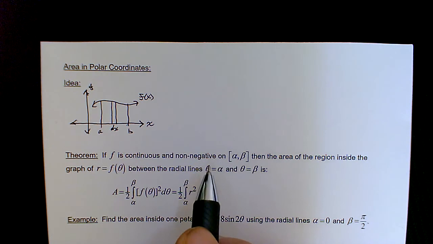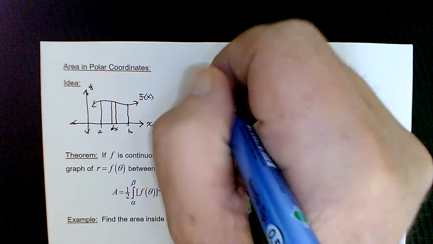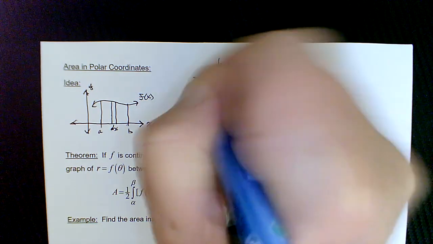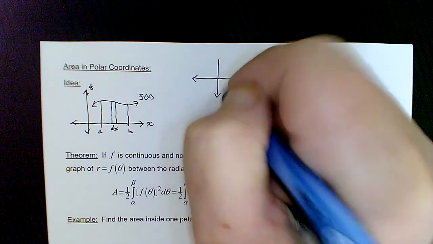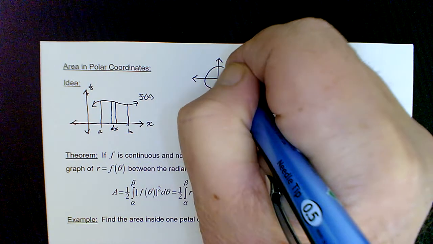Now, with regards to polar coordinates, first off, consider a circle, say for simplicity centered at the origin.